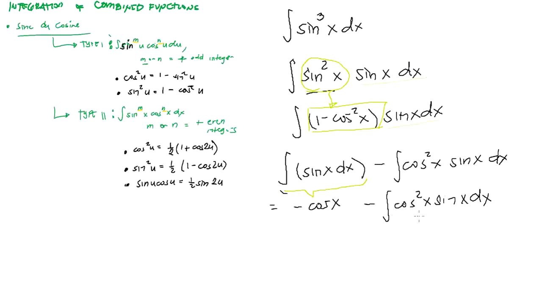So if we have combined functions like this, cosine and sine, let us now determine which type it is. We have the positive and odd integer, then our n here is 2, and our m here is positive 1.